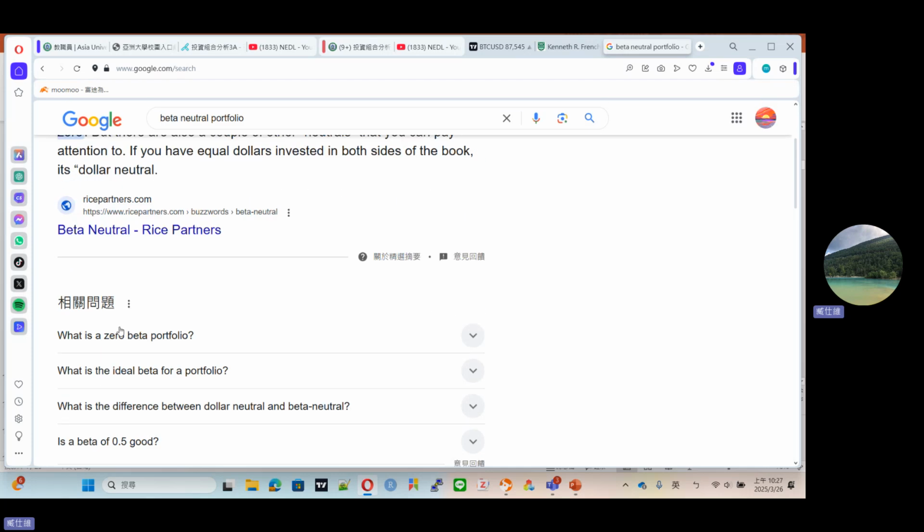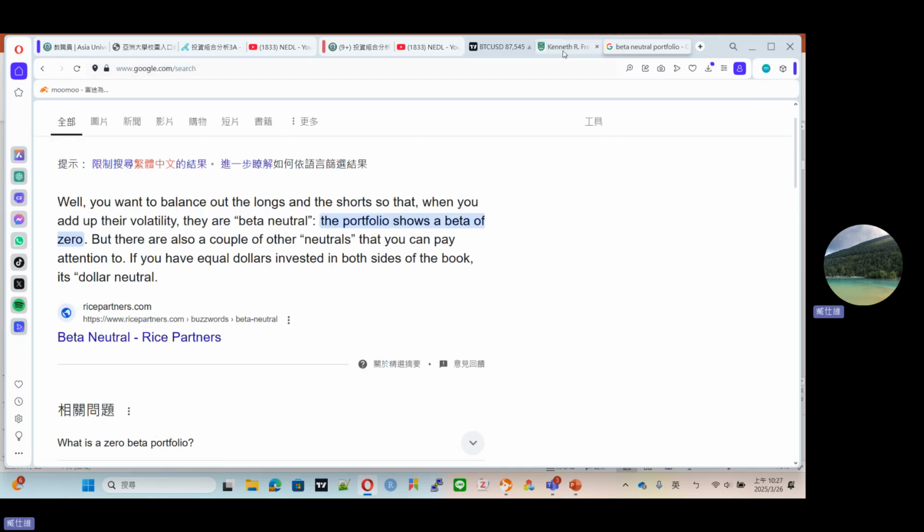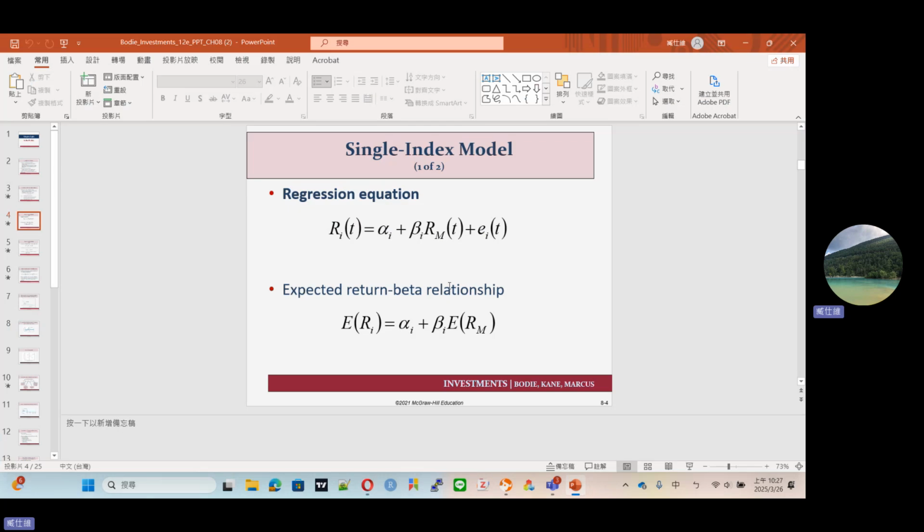But what I'd like you to know is that based on this model, we can estimate individual stocks' beta. But if you want to create a portfolio, maybe you can create a beta neutral portfolio. That means in one way, this portfolio is not sensitive and will not be moved by the market index.